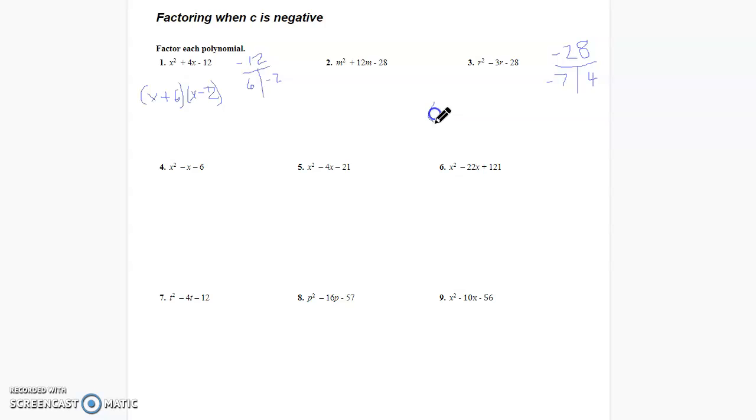So the answer for number 3 is r minus 7 times r plus 4. You could probably try the rest of these.